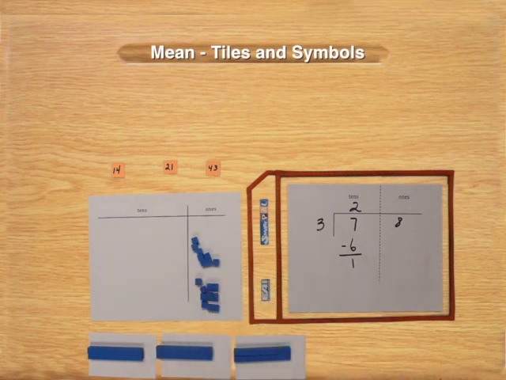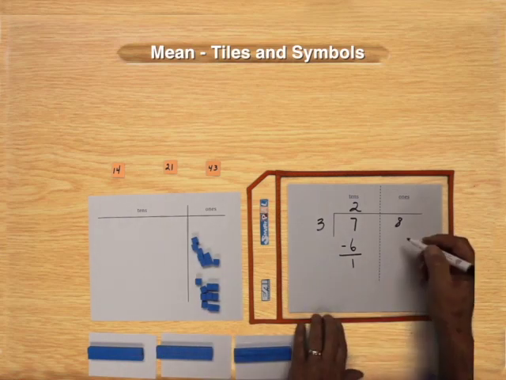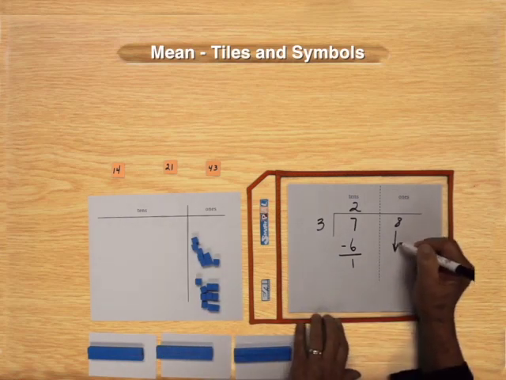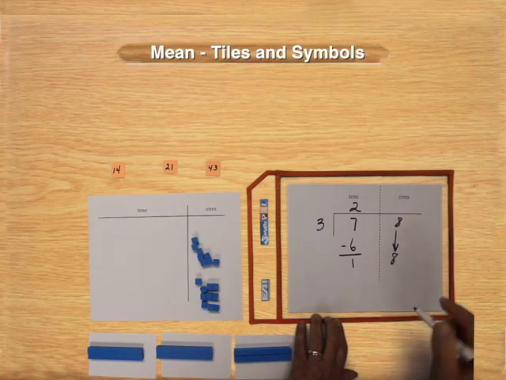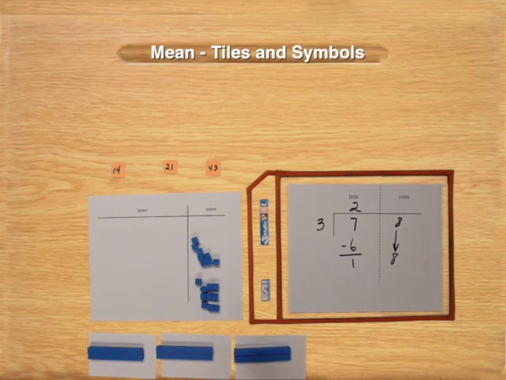Now, when we record this mathematically, we don't do anything with this 1 in the tens column. We simply show that the 8 gets tied with this 1 to form 18, and that's exactly what we have here now. We have 10 ones and 8 ones is our 18 ones.